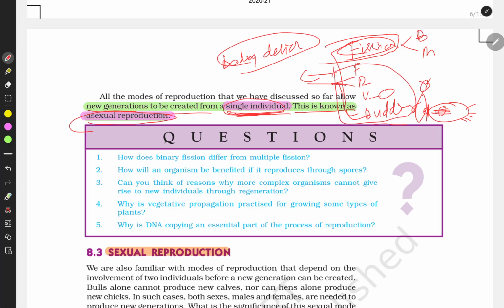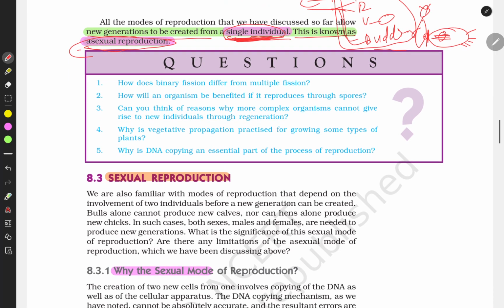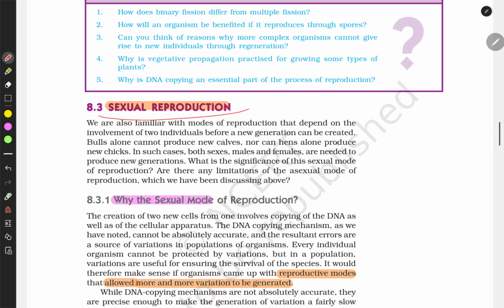In this type of reproduction, only a single individual is required, and there is no need for two individuals. So this is why it is called asexual reproduction. Now let us talk about the sexual mode of reproduction, in which two individuals are required.